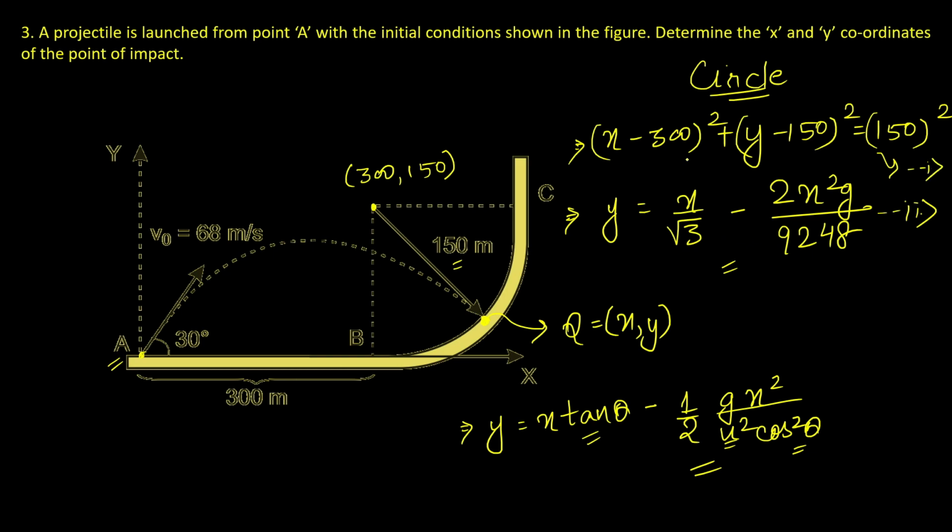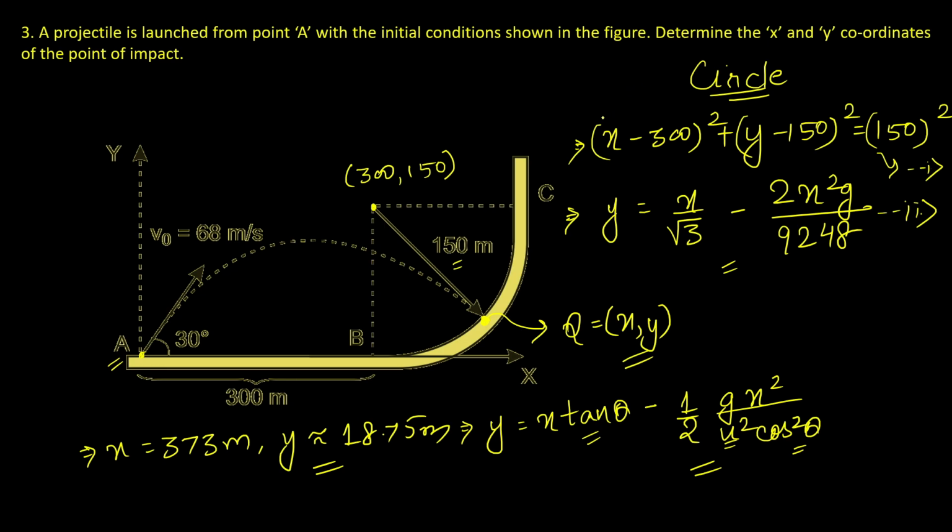Now you have two equations and two unknowns, only x and y. Just solve these equations and ultimately you will get x equal to 373 meters and y approximately equal to 18.75 meters. That is going to be the x and y coordinates of the point of intersection at Q. So this is how you need to proceed.